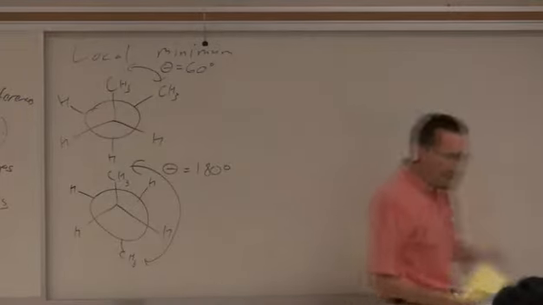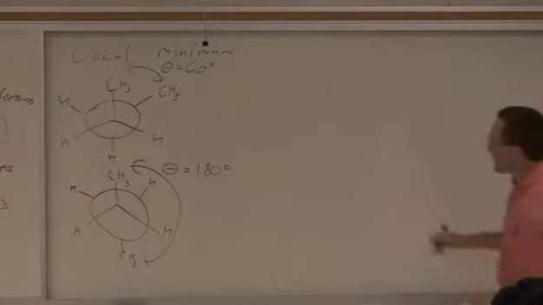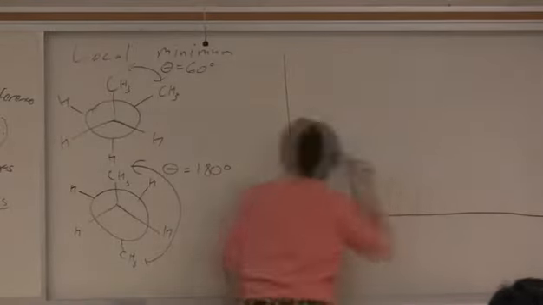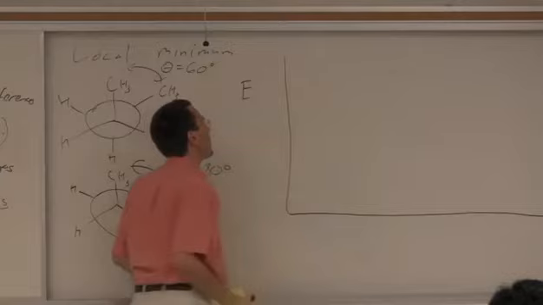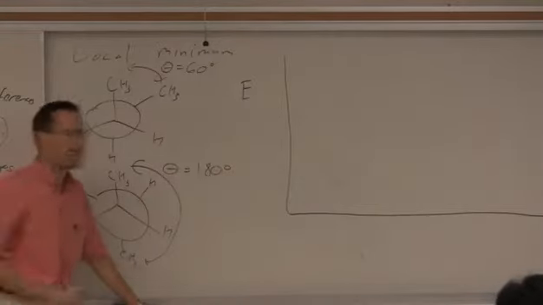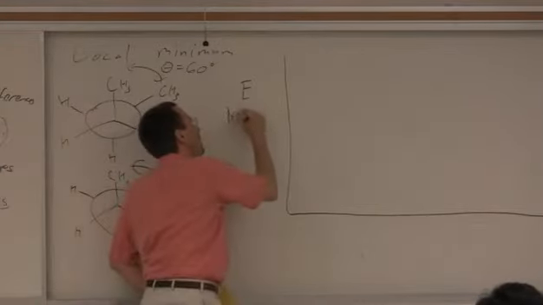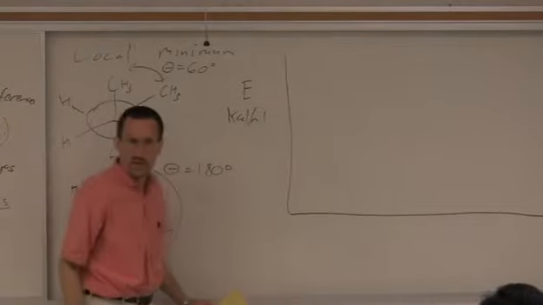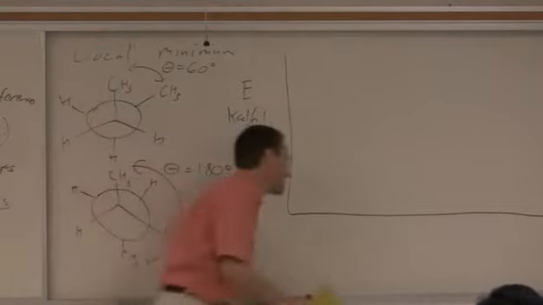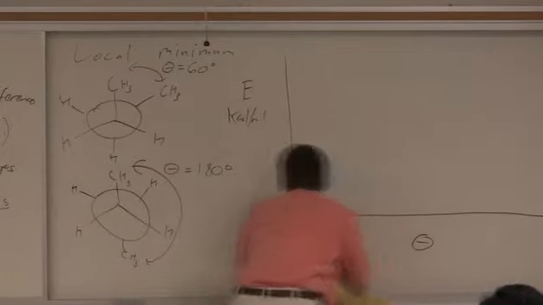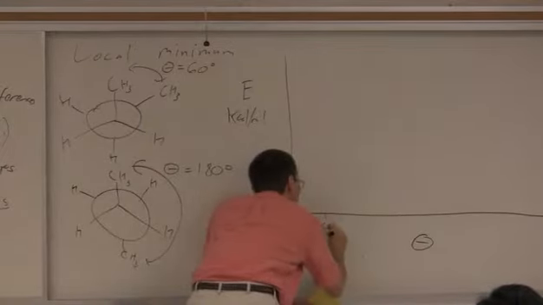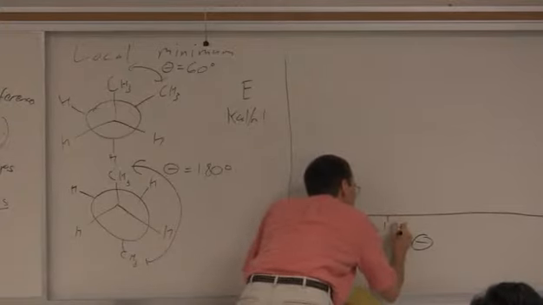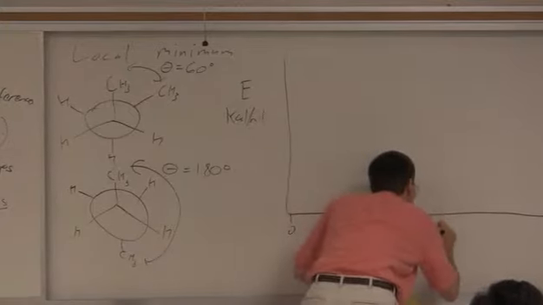So I can write, and you've seen since sophomore organic chemistry, diagrams that look something like this. We plot our energy in kilocalories per mole versus our dihedral angle theta for butane. Go 0. I'm not much of an artist, as you may have noticed, so I'm going to put in a few tick marks to help myself.